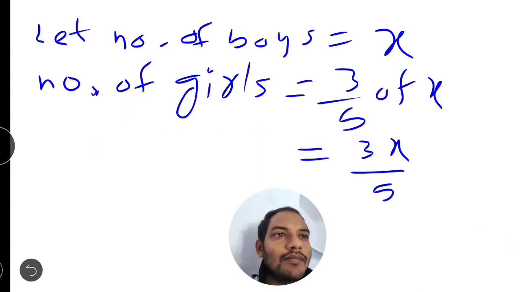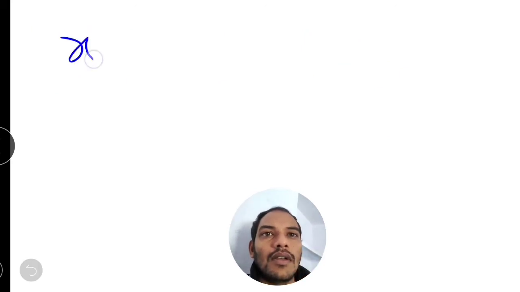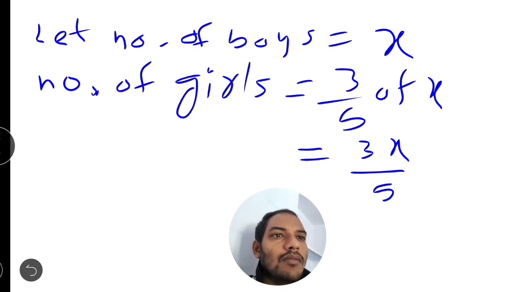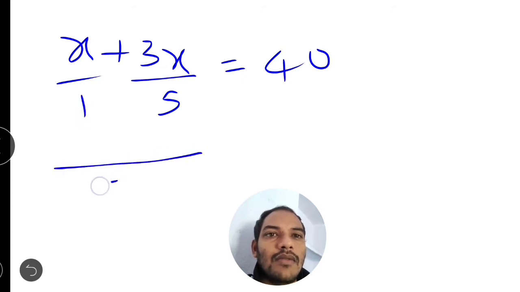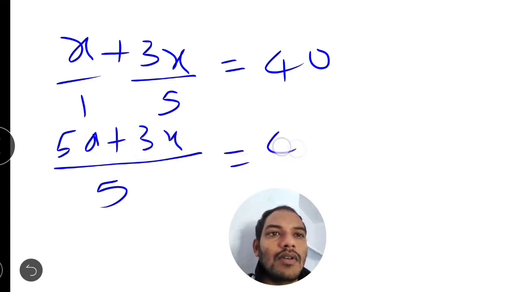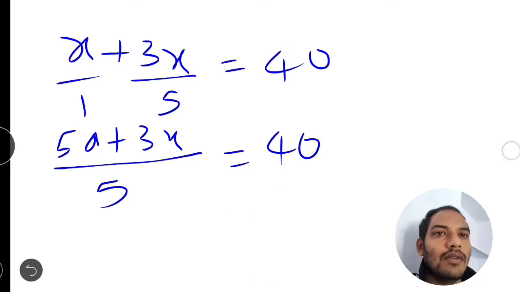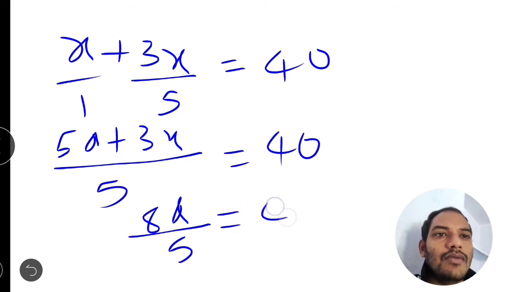So then x plus 3x by 5 equals 40. I am writing x as x by 1, so the LCM of 1 and 5 is 5. So then 5x plus 3x is 8x divided by 5 equals 40.